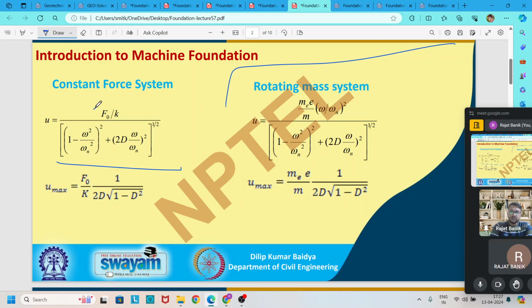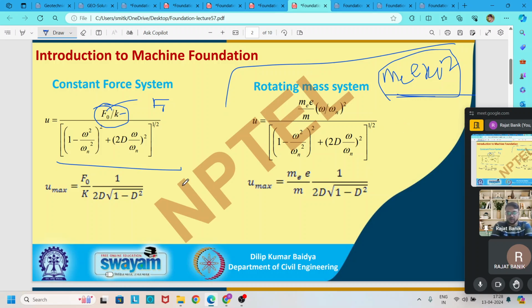So, in constant force system, we use F naught by K, where F naught is the constant force amplitude and K is the spring constant, or for the rotating mass system, m e omega square is the rotating mass force amplitude, and m is the total mass of the system.